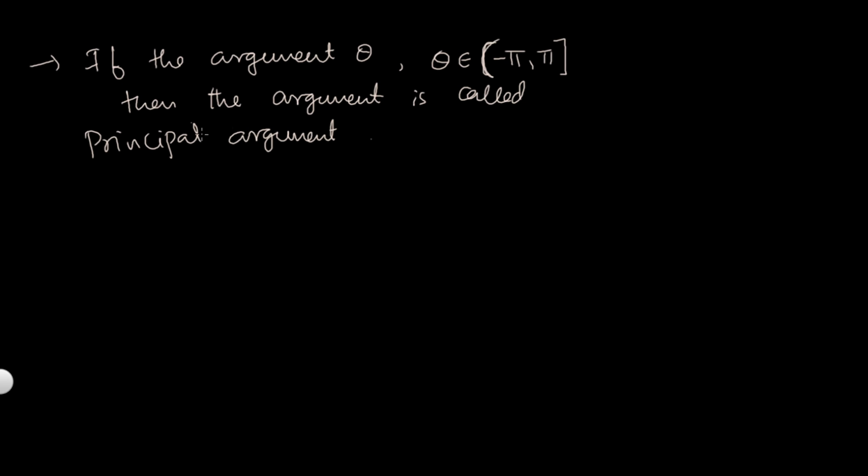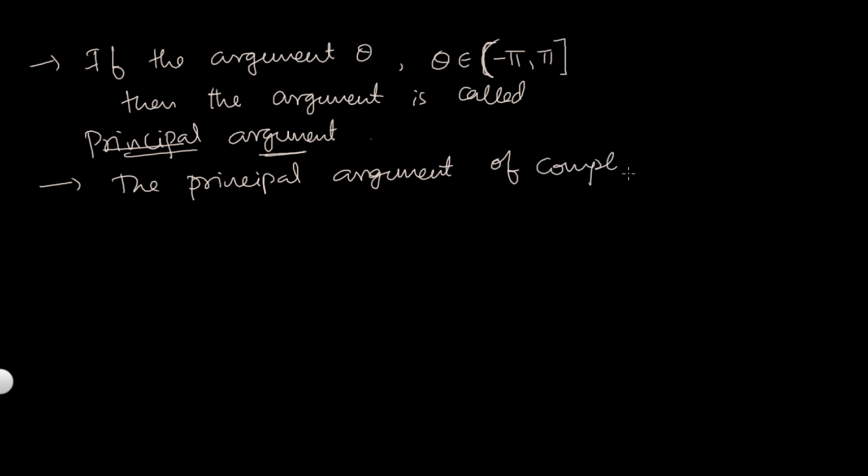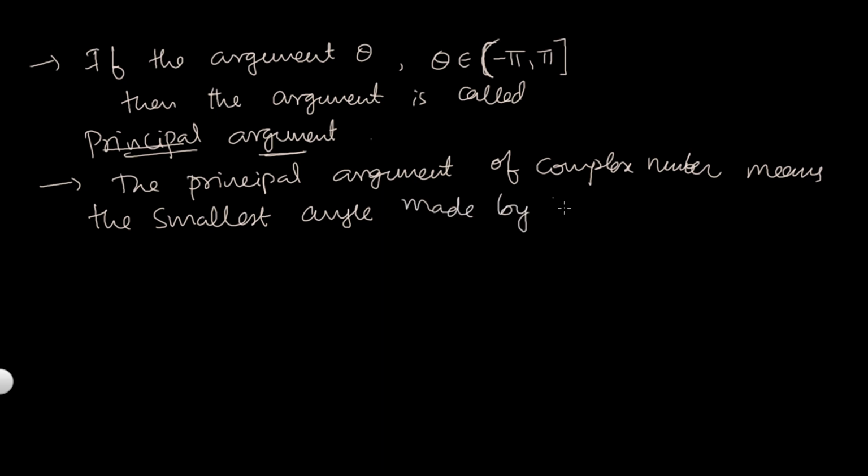So we have to learn the principal argument. The principal argument of a complex number means the smallest angle made by the vector OP bar with the x-axis.